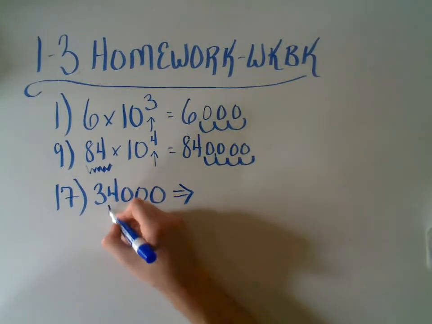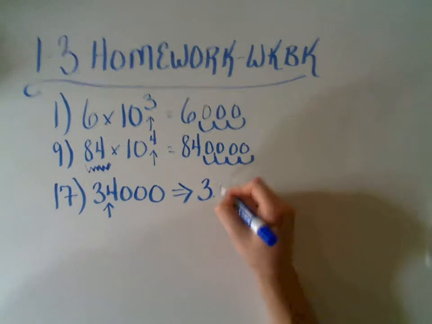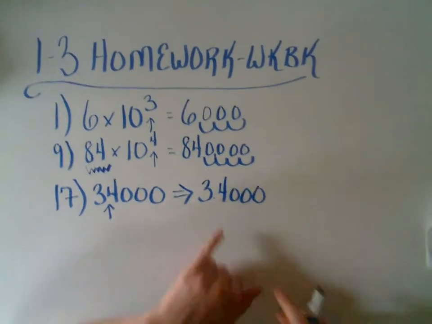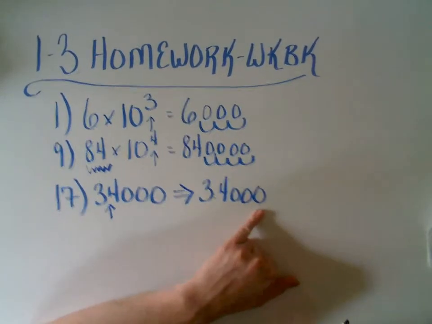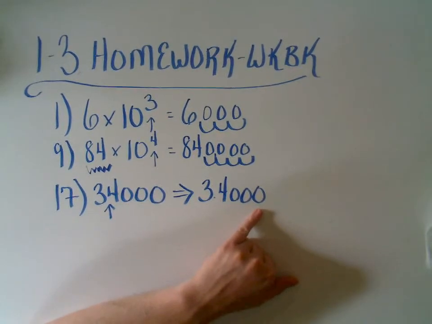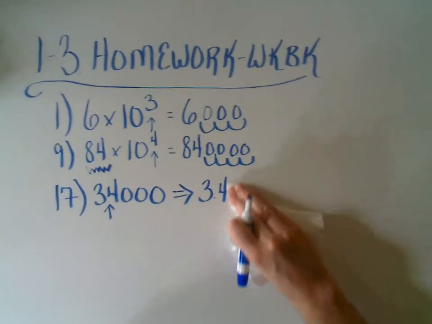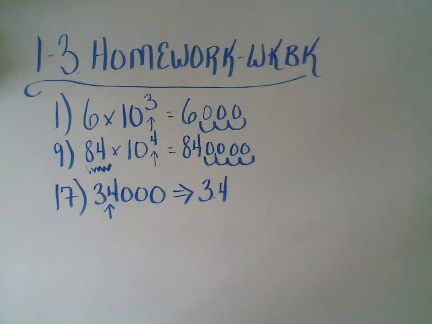So you're going to have to insert a decimal in the number, which is going to be 3.4000. Now, of course, once I have this decimal here, it doesn't really matter that I have all these zeros at the end because they're after the decimal point and there's no non-zero after them. So if you want, you can just write that as 3.4. And remember, that's what scientific notation is about. It's about taking a big number and writing it in a more simple way.